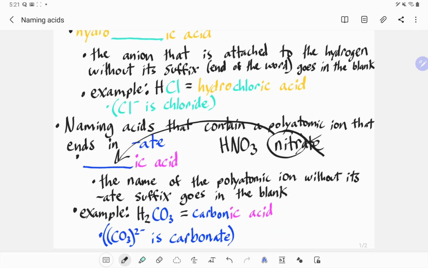So we will end up getting NITR, nitric acid. So HNO3 is nitric acid. So anytime you end in ATE, it's blank ic acid, where what goes in the blank is the polyatomic ion minus its ending.